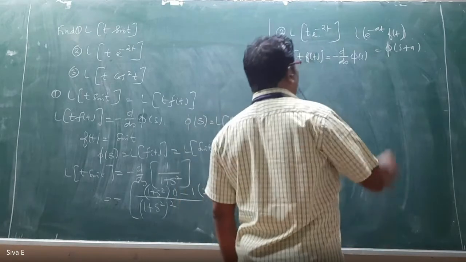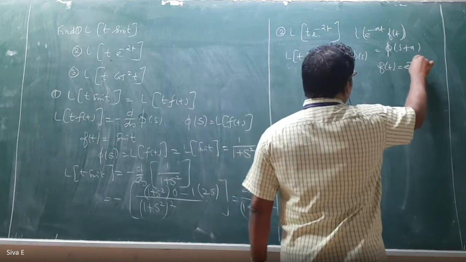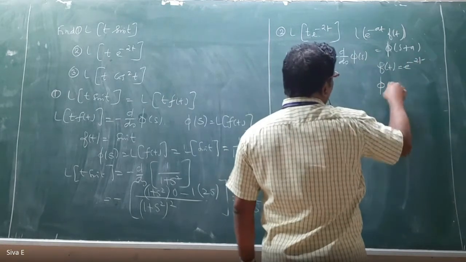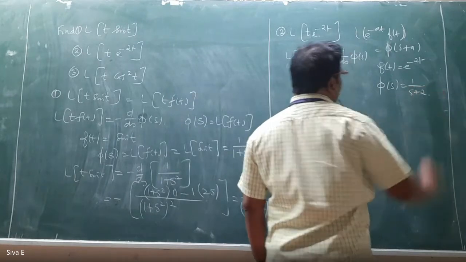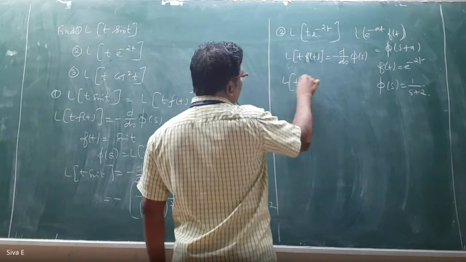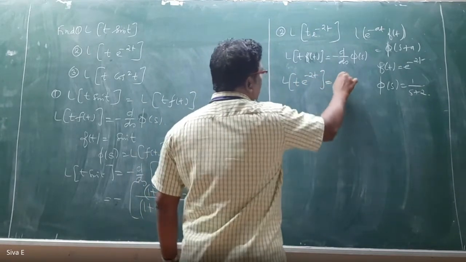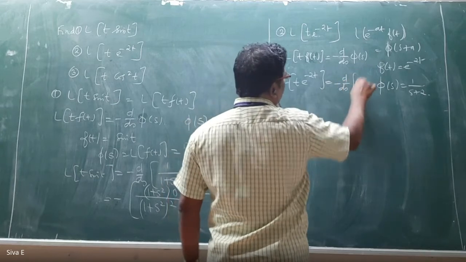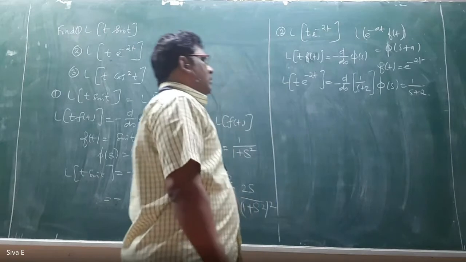So what is f of t here? f of t equal to e power minus 2t. Phi of s is 1 by s plus 2. Therefore, L of t e power minus 2t is minus d by ds of 1 by s plus 2.